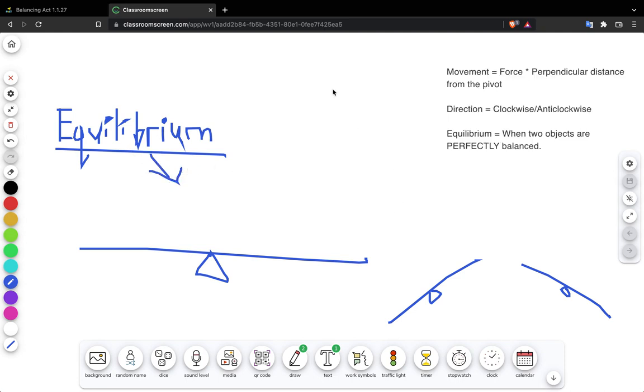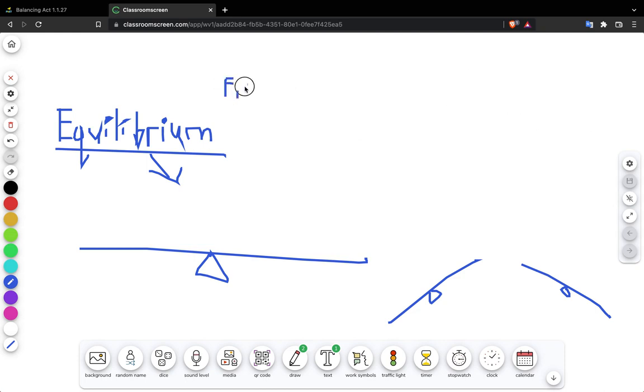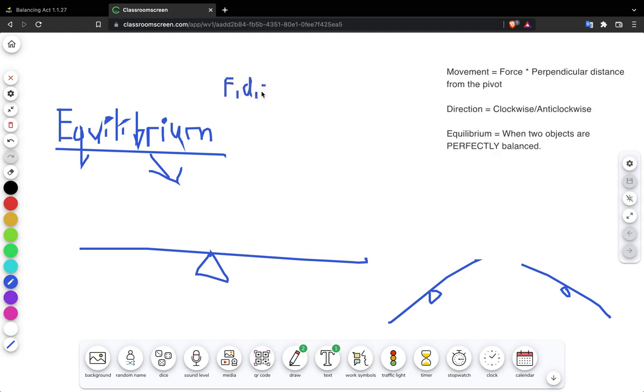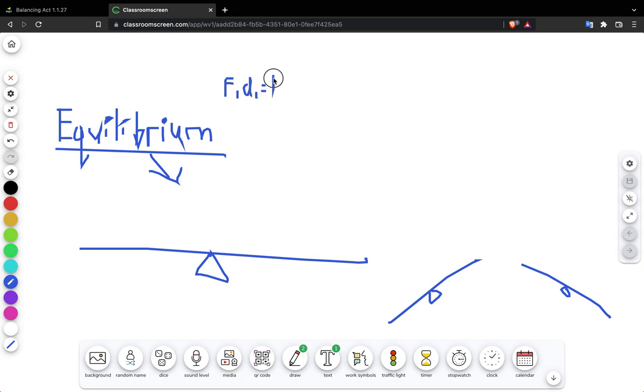So now the formula for this is F1 D1 is equal to F2 D2.